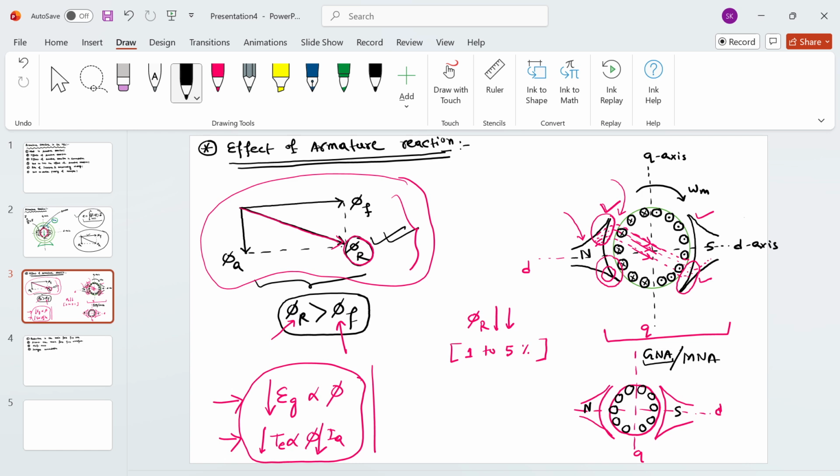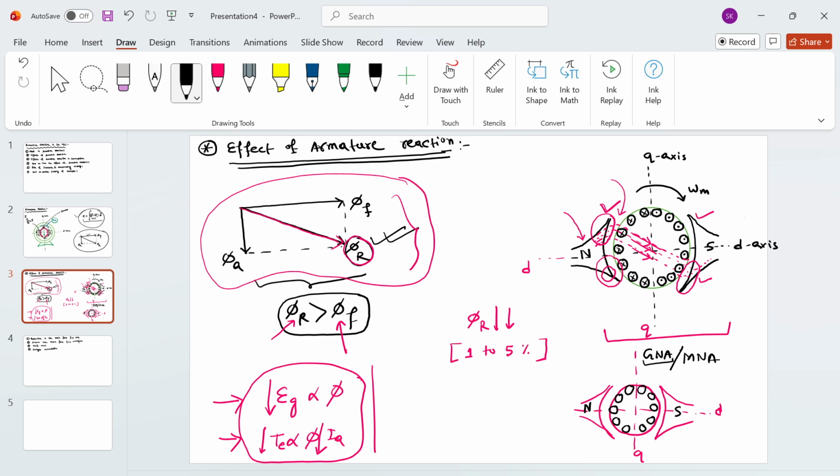But when you add some load to the DC machine, the armature current will flow, there will be a tilt in the resultant flux direction, and the resultant flux will lie in between the D and Q axis.